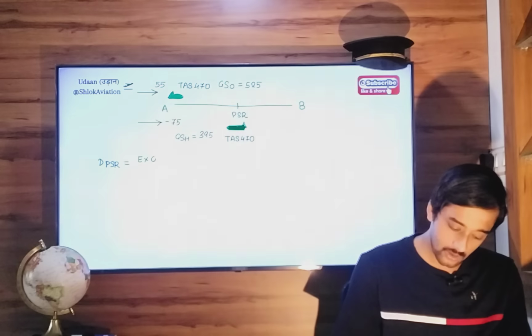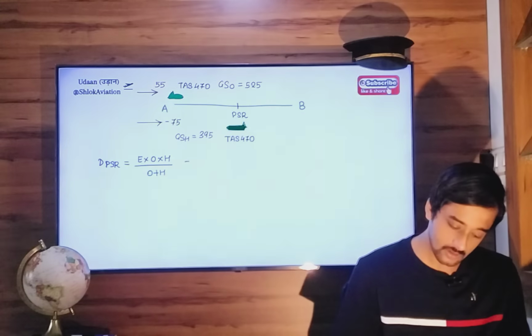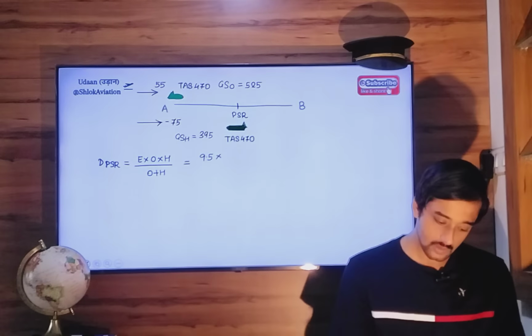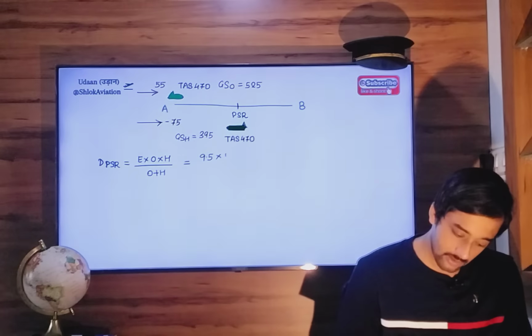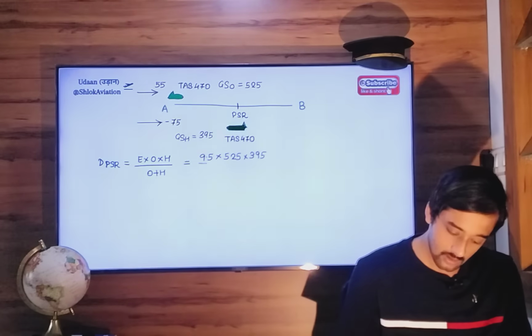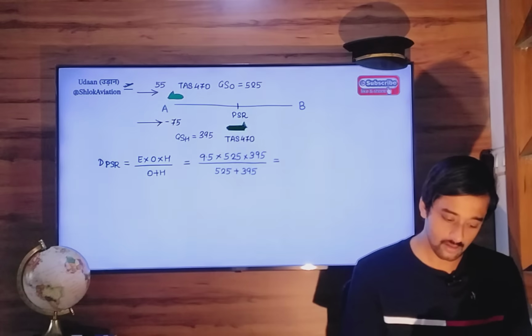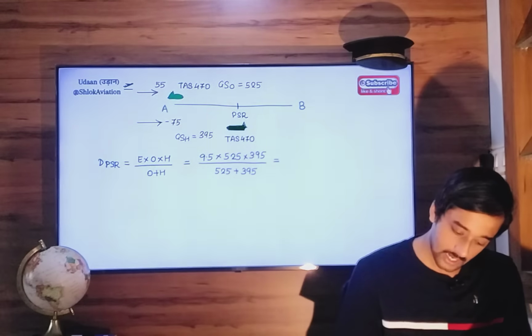Endurance into outbound into homebound divided by outbound plus homebound. So 9.5 into 525 into 395 divided by 525 plus 395, which is 920.